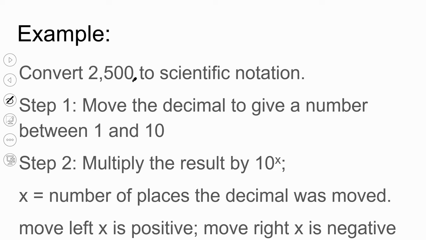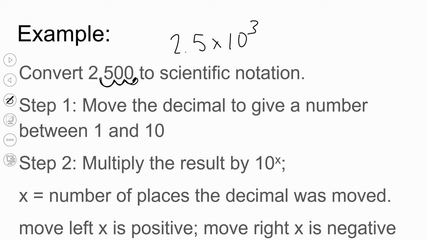It's not really there, but we know that it is between the ones and the tenths. So 2.5 times 10 to the something. What is that something? We moved it 1, 2, 3. Good, 3.